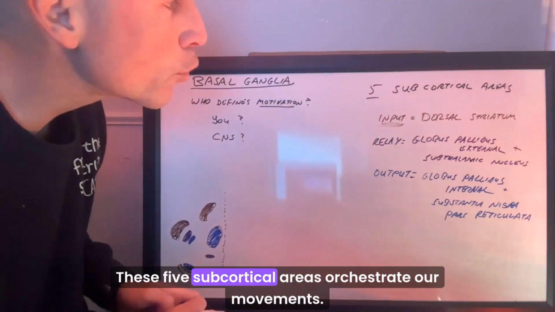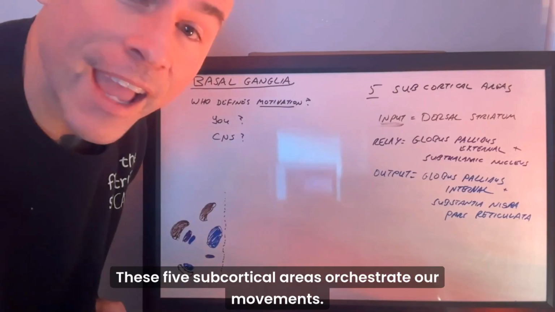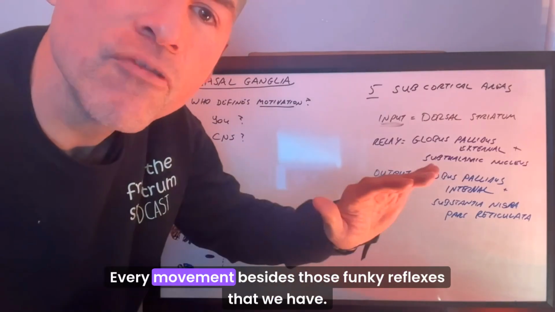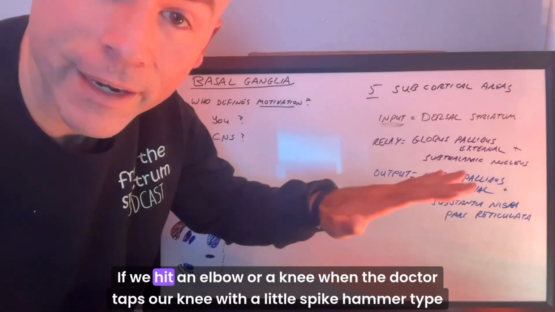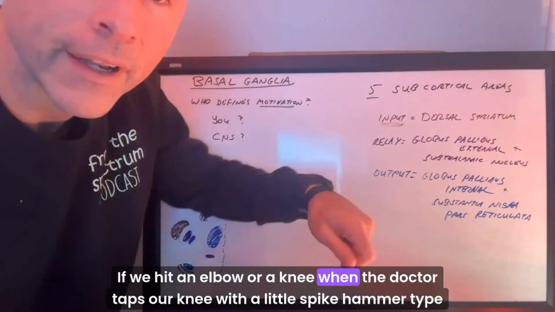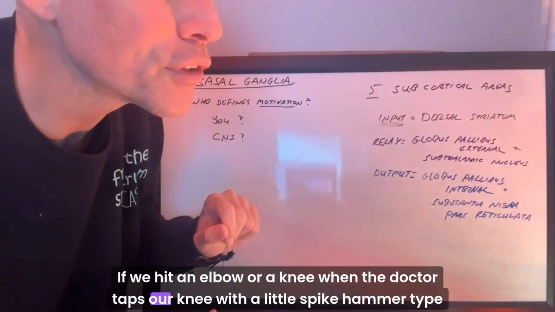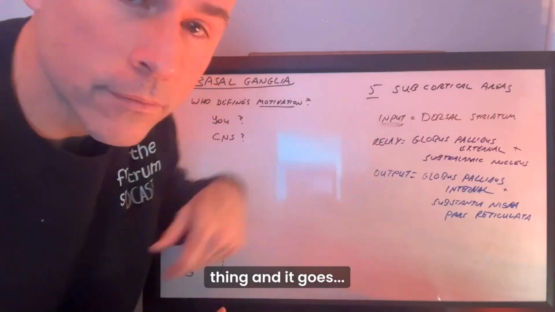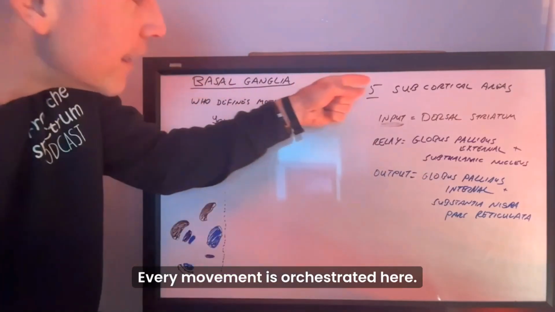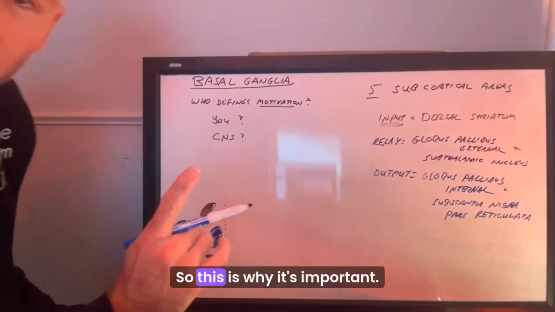These 5 subcortical areas orchestrate our movements. Every movement, besides those funky reflexes that we have. If we hit an elbow or a knee, when the doctor taps our knee with the little spike hammer-like thing, and it goes. Every movement is orchestrated here. So this is why it's important.